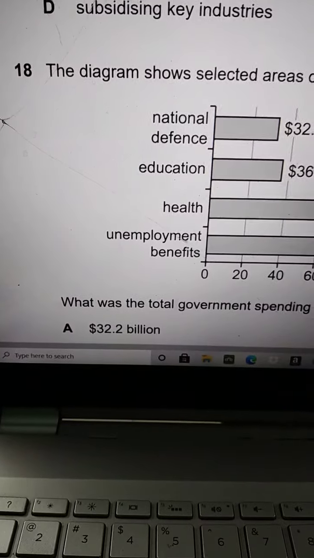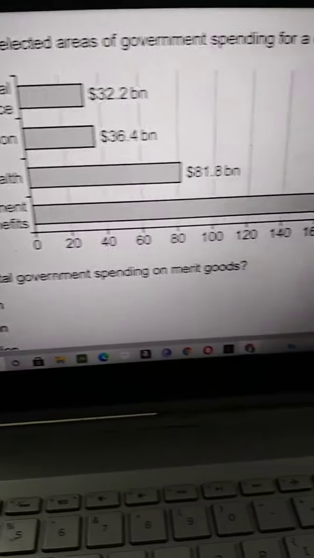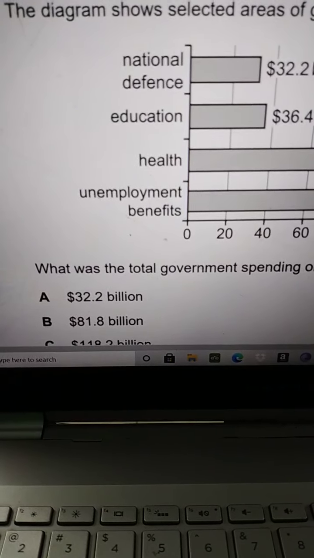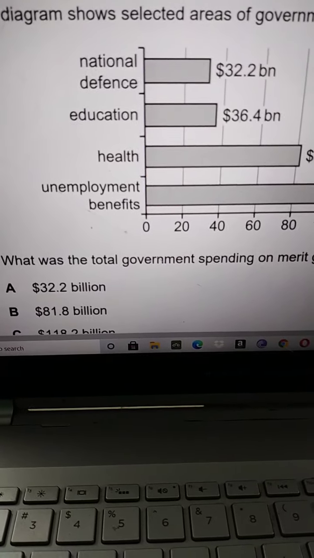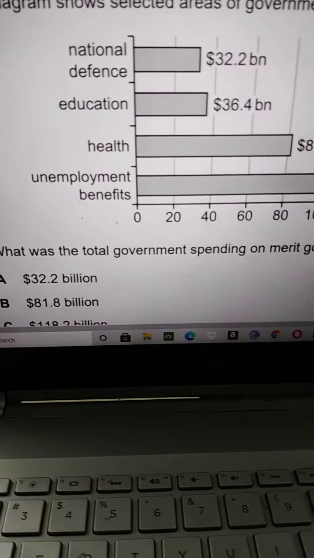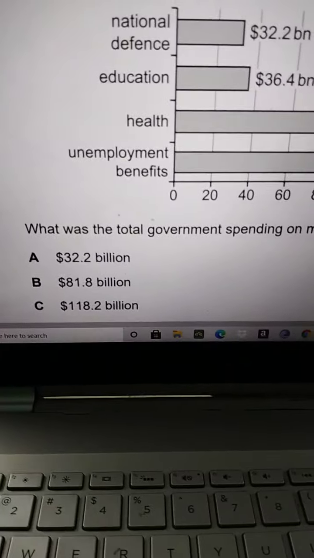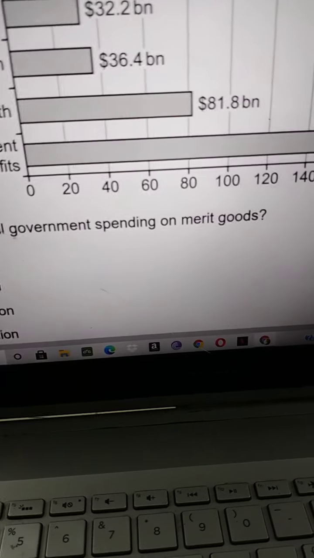Question number 18. The diagram shows selected areas of the government spending for a country. These are the different government spendings: national defense, education, health, unemployment benefits, and the values are also given. So what was the total government spending on merit goods?